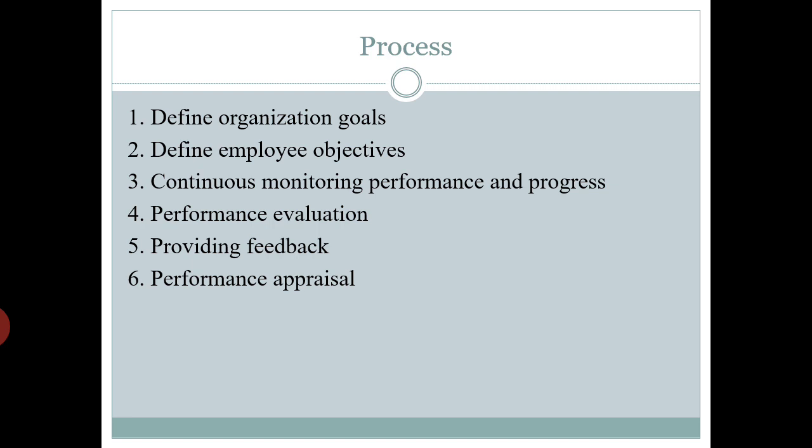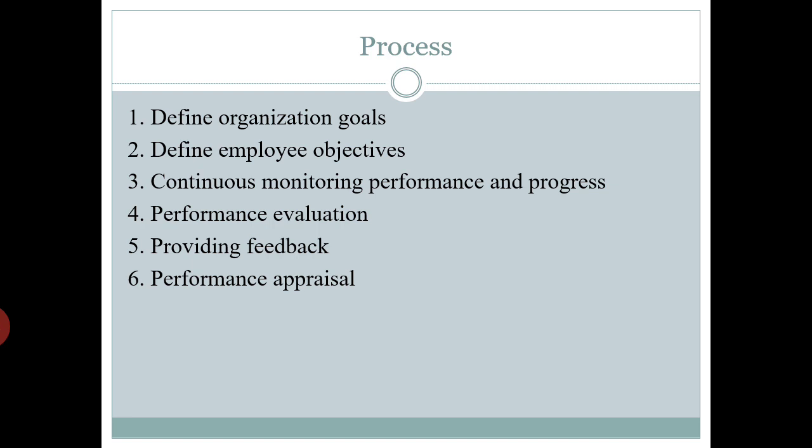What does it mean? Though you have set down the objectives related to employees as well as the organization, you should always be checking the performance of your employees or subordinates. Why? Because if your subordinates' performance and progress is not up to the mark, it will surely affect the organization's performance, right?